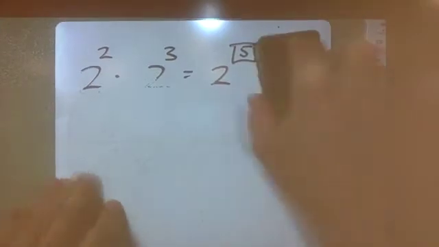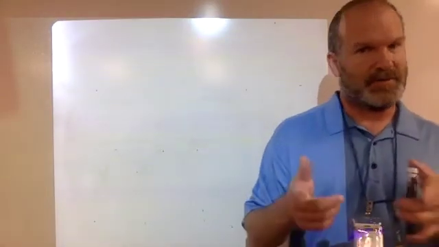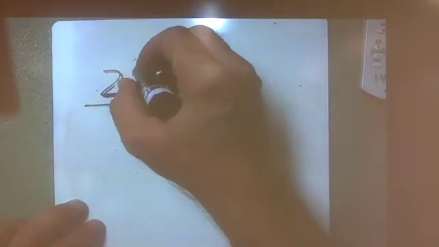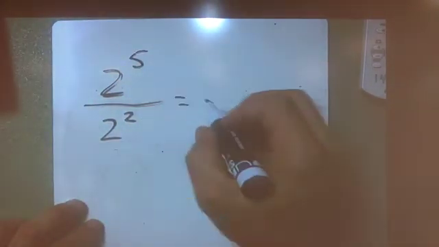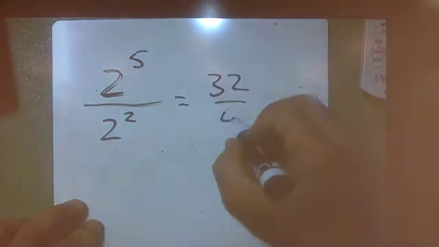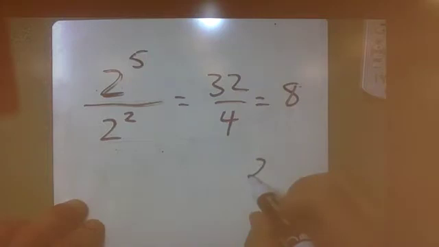All right, another rule, subtracting exponents. When would we subtract exponents? Well, we add them when we multiply, so we subtract them when we divide. That's right. So if you have 2 to the fifth divided by 2 squared. Well, 2 to the fifth is 32, 2 squared is 4, 32 divided by 4 is 8, and 8 is the same thing as 2 to the third.